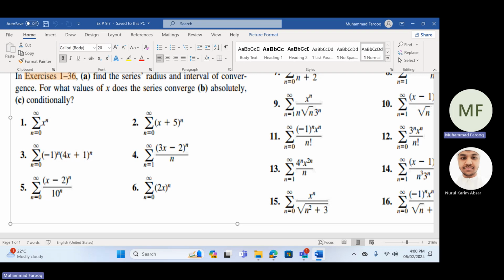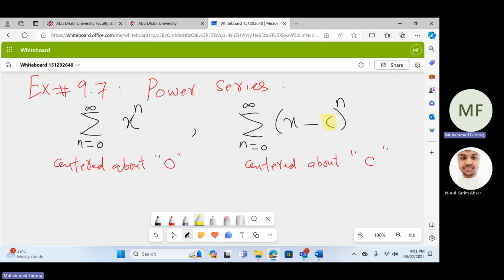Because x is involved. Whenever x is involved in your question, it is a power series. My next question: this power series is centered about what? Negative one, yes, because I told you the general form is x minus c. So solve for x. Just solve for x. It gives you the point about which it's centered.